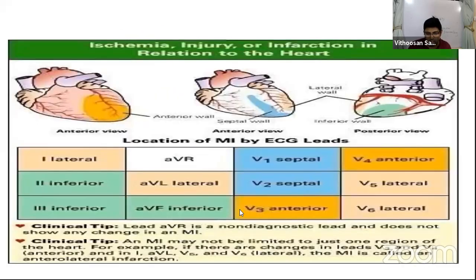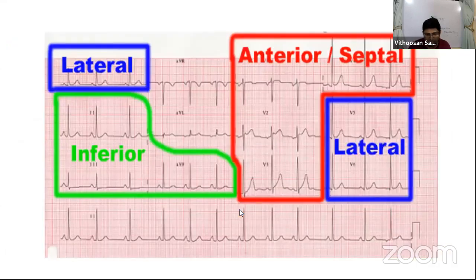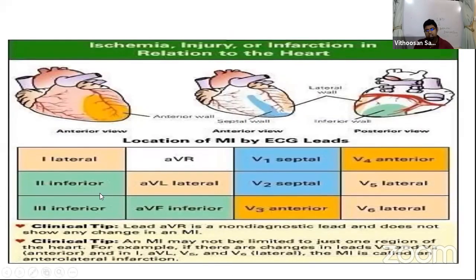Understood? Now, look at these. The same thing I told you. V1 and V2 are looking at the septum of the heart. V3 and V4 are looking at the anterior surface of the heart. V5 and V6 are looking at the lateral surface of the heart.